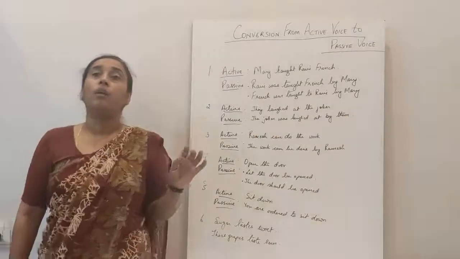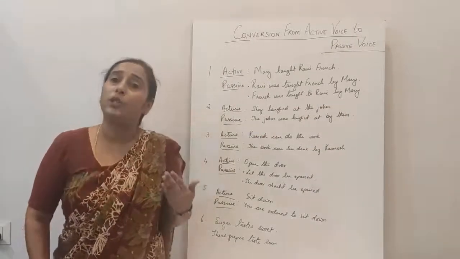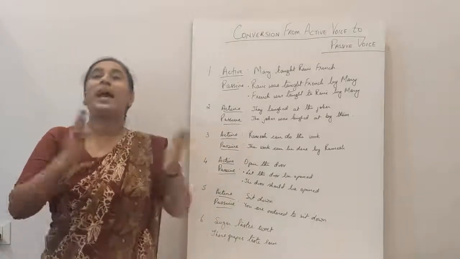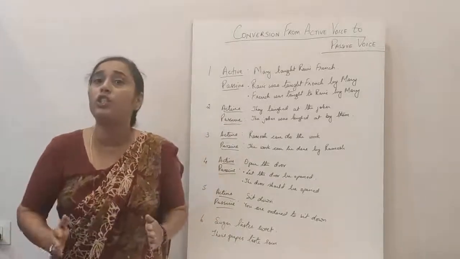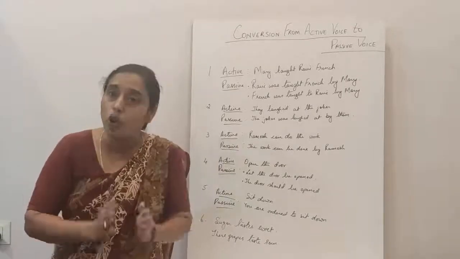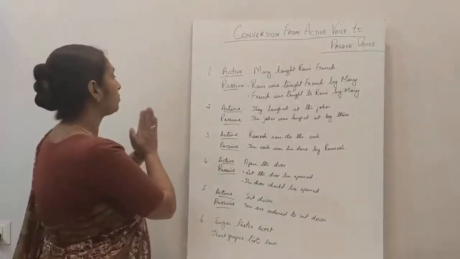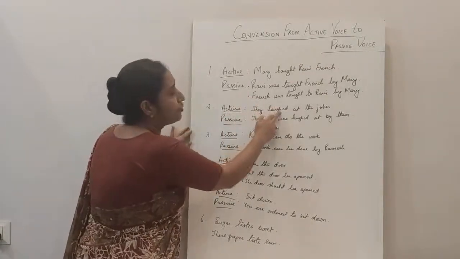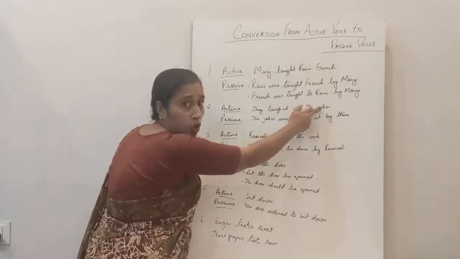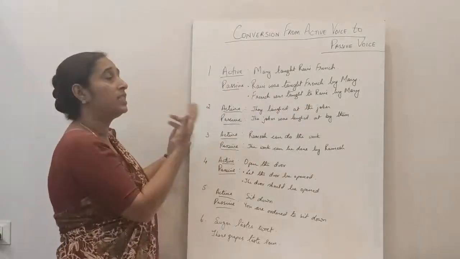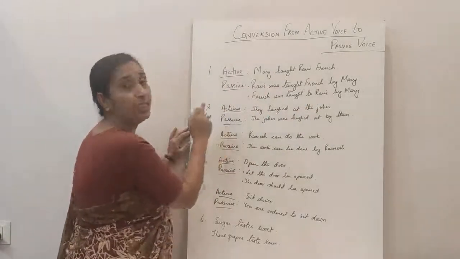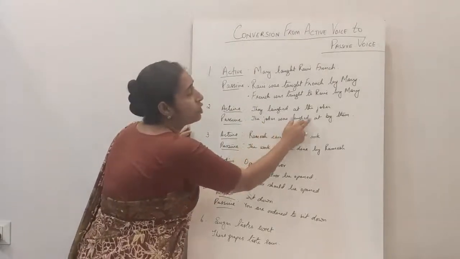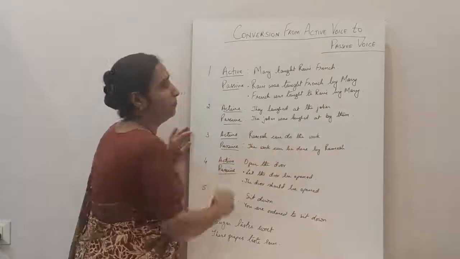Now, when a prepositional verb is changed from active to passive voice, the preposition should not be dropped. That is, in active voice, they laughed at the joker. Same thing when we say in passive voice, we say the joker was laughed at by them.